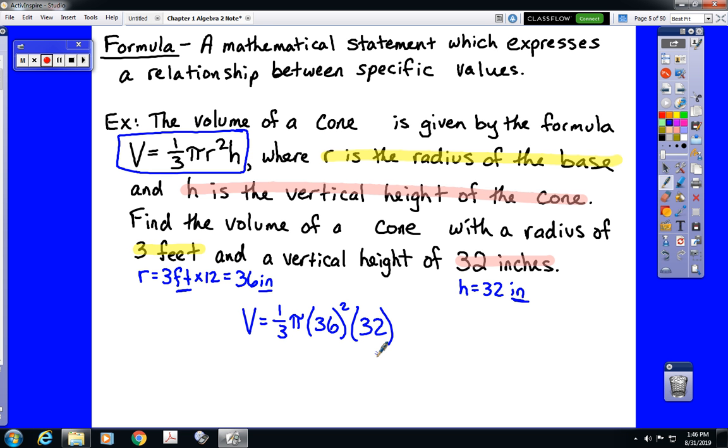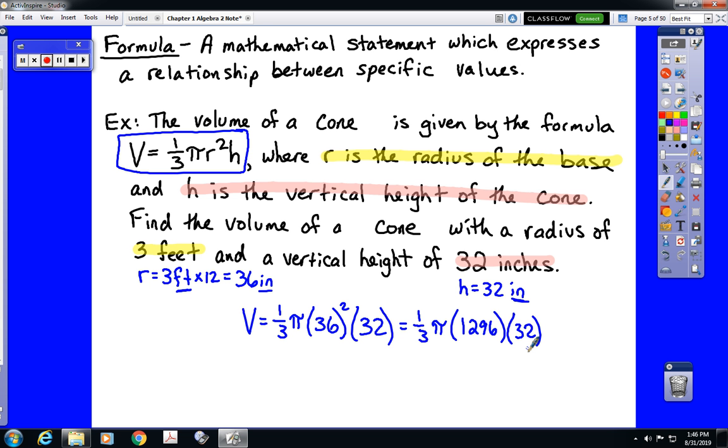So we should start by squaring 36. So we would have 1/3 pi times, and then we need to multiply 36 times 36 on our calculator. So 36 squared is 1296, and then times 32.